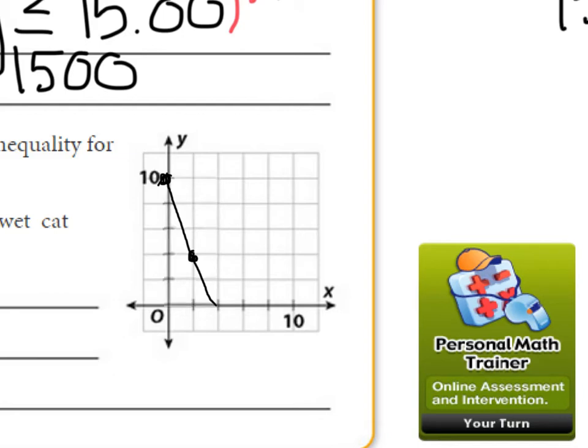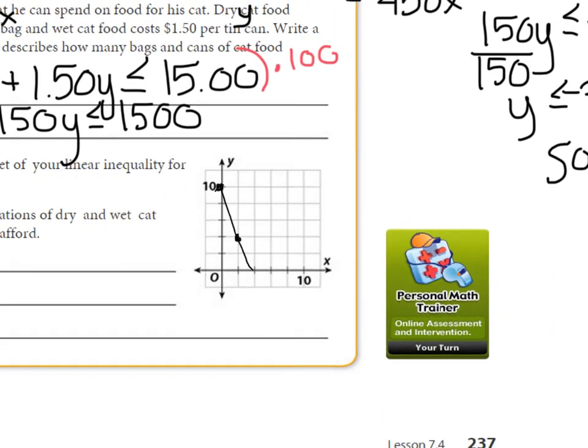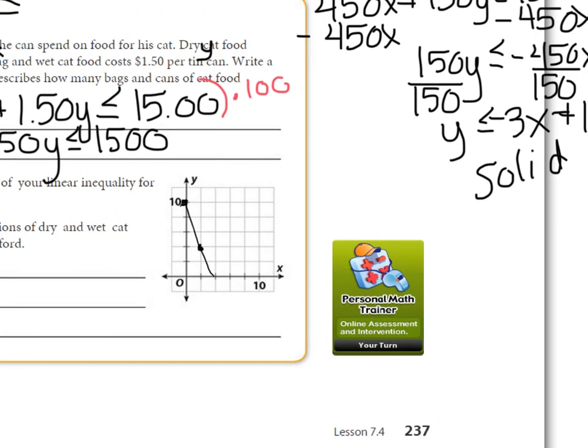The inequality sign is less than or equal to, so that means we're shading below the line. But again, we're not going anywhere but quadrant 1 because all you can have are positive answers. So there's my graph to this.